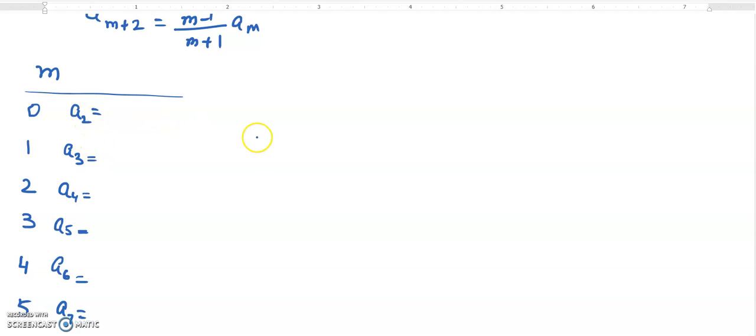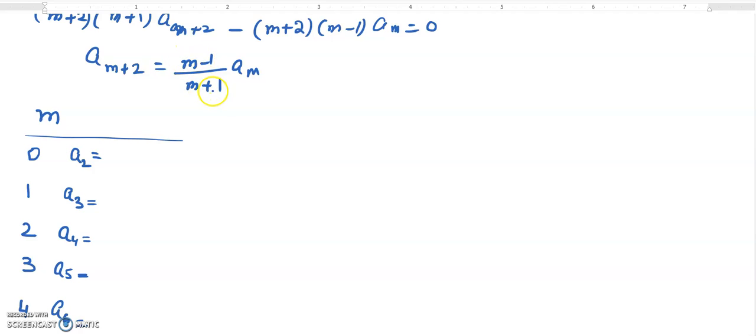On the other hand, what I will get is m minus 1 over m plus 1. So if m is 0, then I will get minus 1. If m is 1, then I will get 0, and then 1, 2, 3, 4, and then 5 in a sequence.